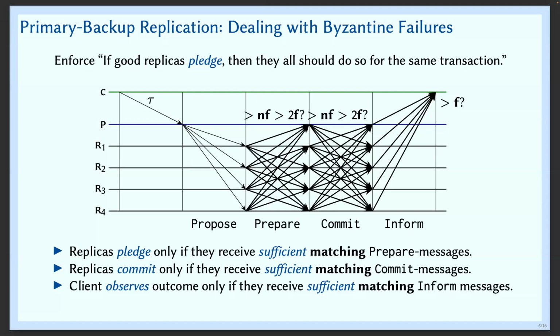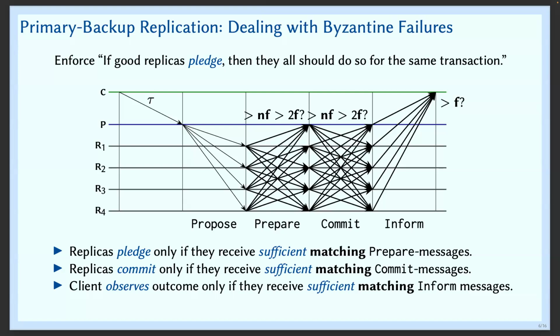If I get one honest vote with the client, how many honest replicas would have committed? Well, that's one prepared. Okay, and then what does that give us?